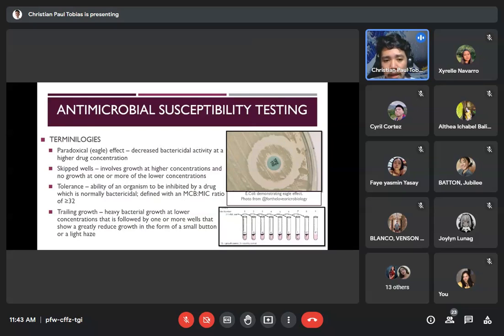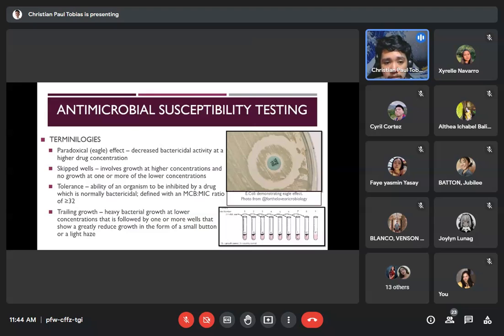So, yun yung paradoxical effect. Remember lang na the drug concentration decreases at increasing distance from the disc. So, ibig sabihin, yung mas malapit sa disc, mas mataas yung concentration ng drug. So, in this case, yung TPZ natin, that is your tazobactam or your piperacillin. Okay, skipped wells, these are growth at higher concentrations and no growth at one or more of the lower concentrations.